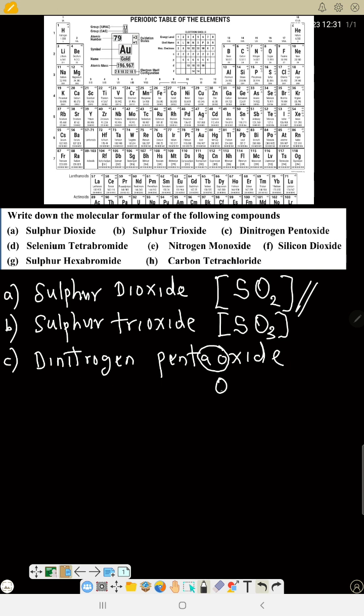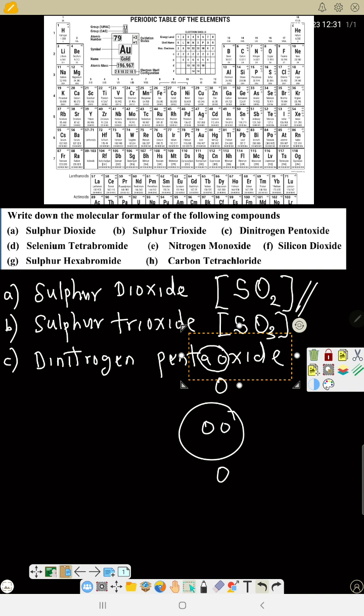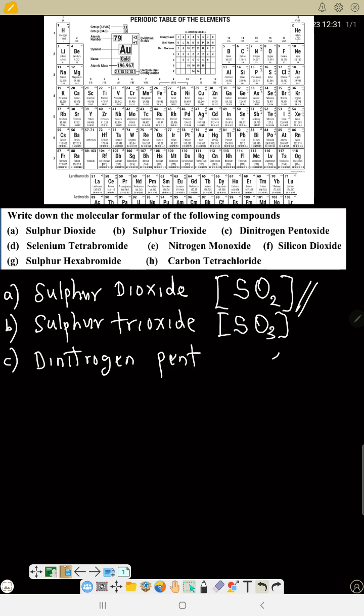AO will turn to O. OO also will turn to O. So instead of writing pentaoxide, I'll write pentoxide. So A and O will turn to O. Now dinitrogen means what? 2 nitrogen, and that is penta, 5 oxygen. So this is dinitrogen pentaoxide.